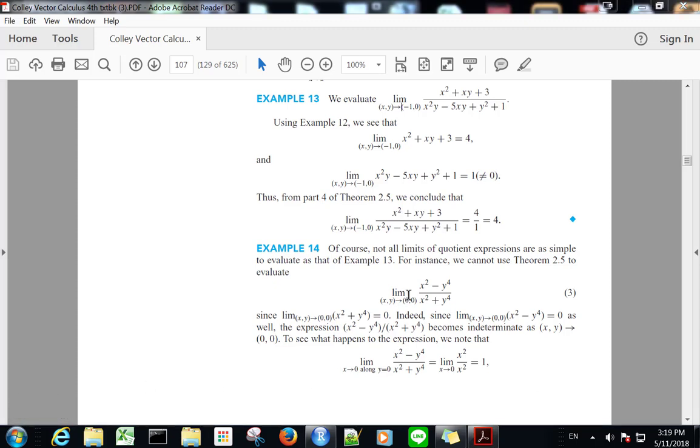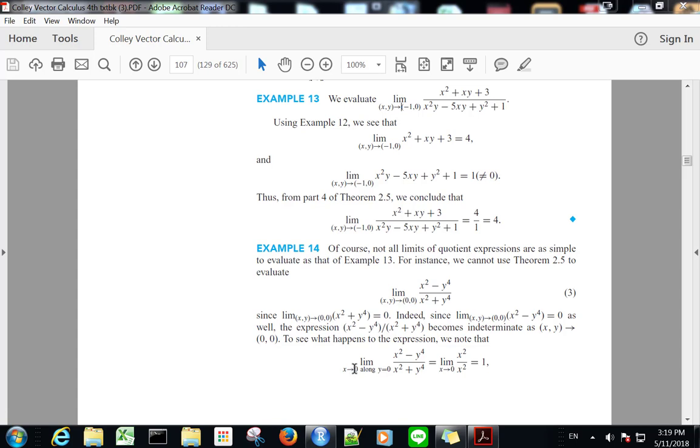And then they say that those theorems above don't always work, because here, if x is going to 0, 0, this bottom part is 0. The theorem said you're not allowed to have that equal to 0 and still use the theorem. So that means we can't use the theorem, so not so easy then.